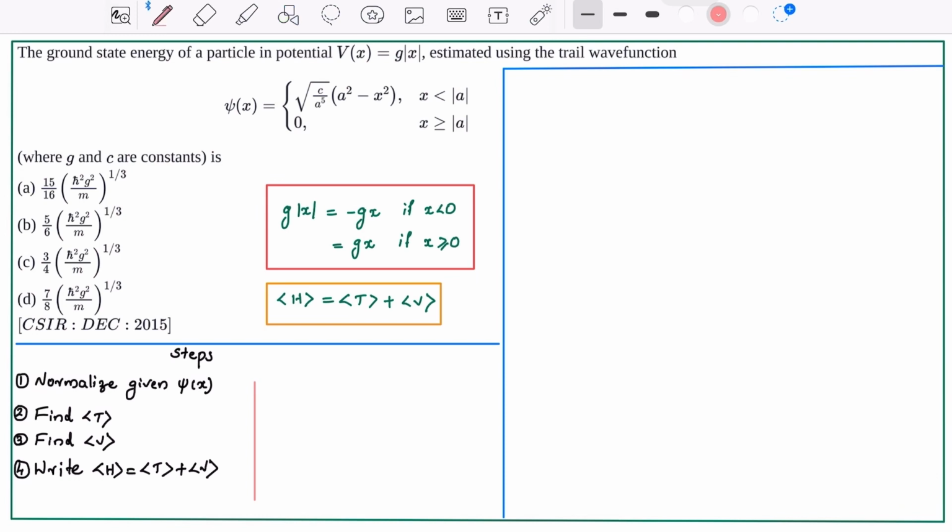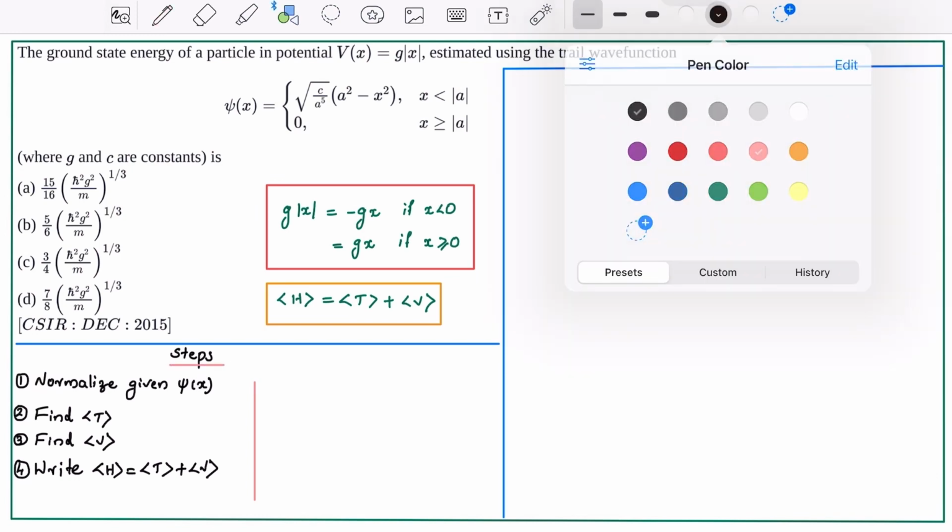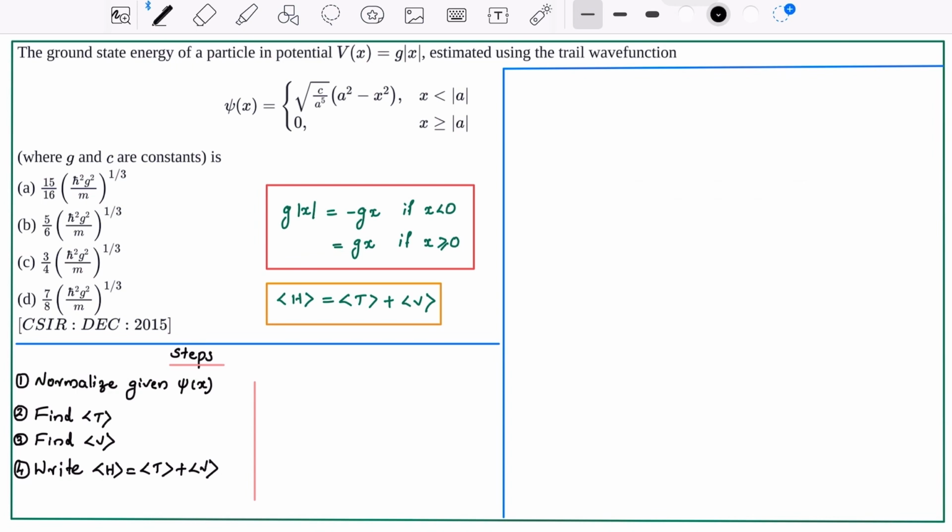Then find out the value of A in the wave function using the equation dou by dou A of the expectation value of H is equal to 0.